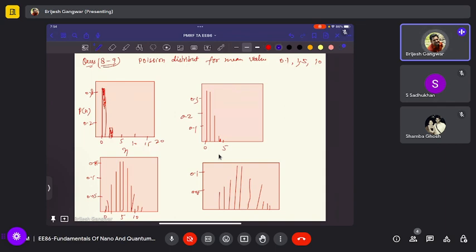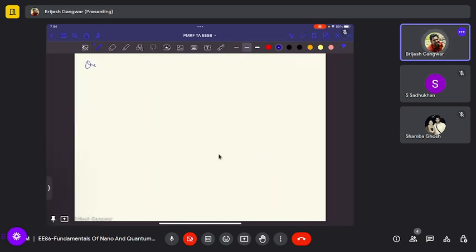So something of this type of shape you can consider. This is 20 and this is 0. Similarly in this one you can consider a shape like that, and this one obviously this type.